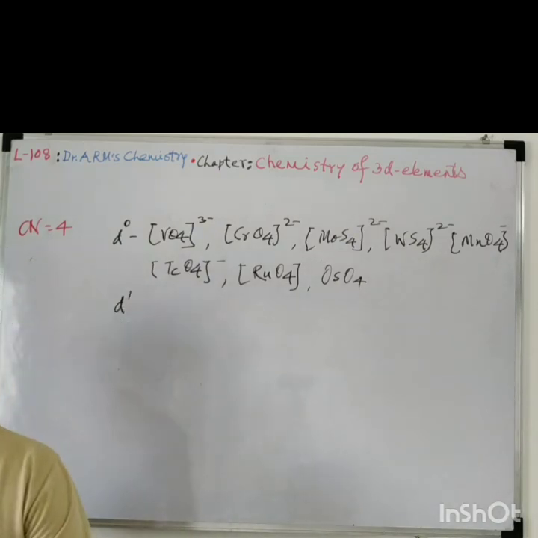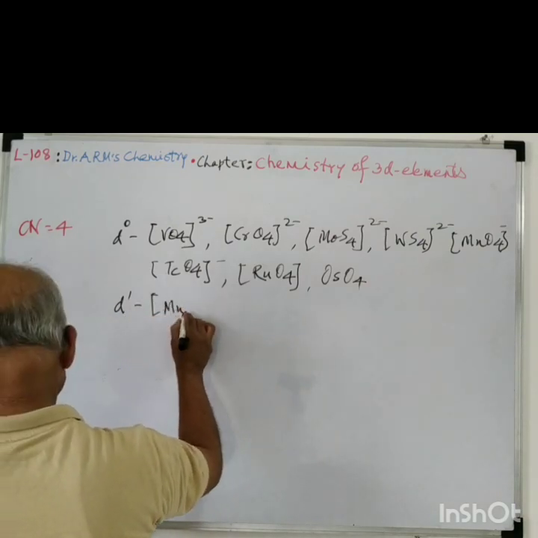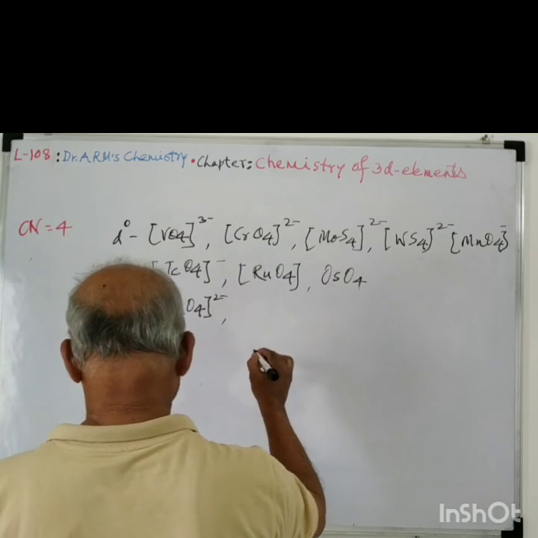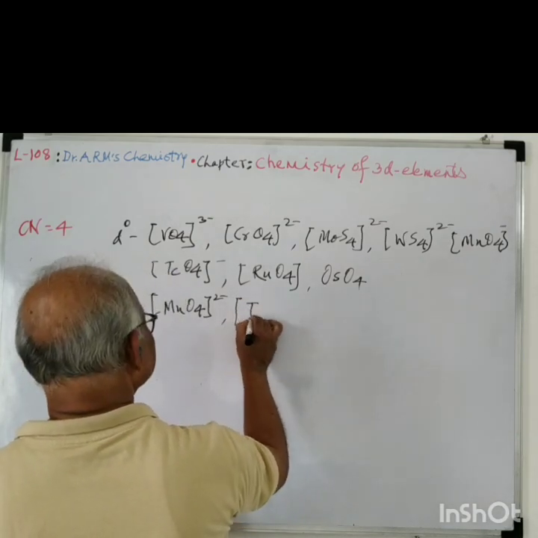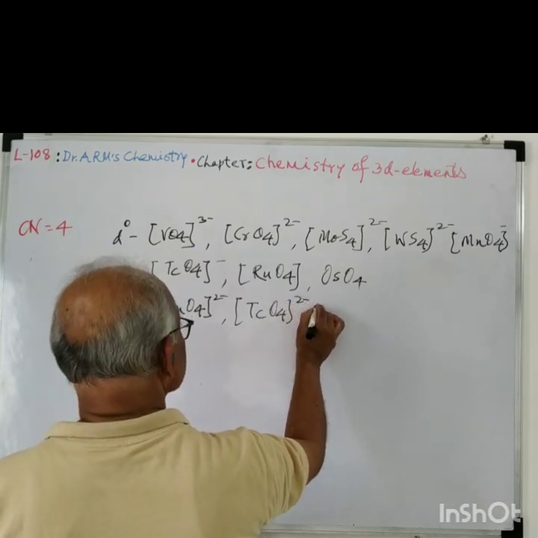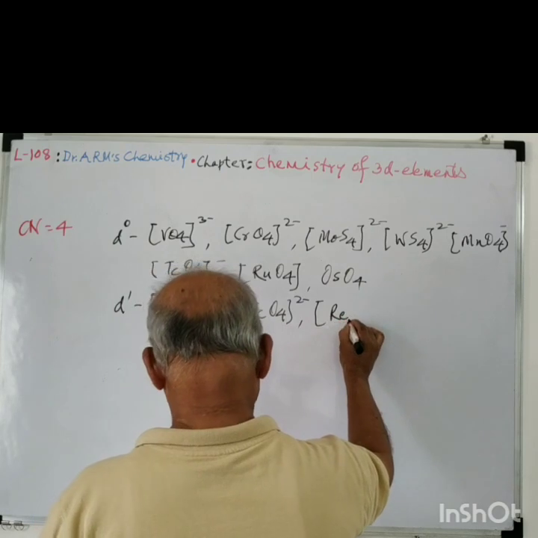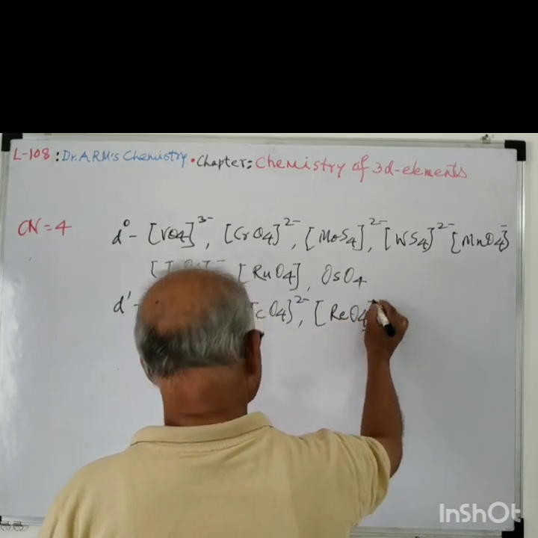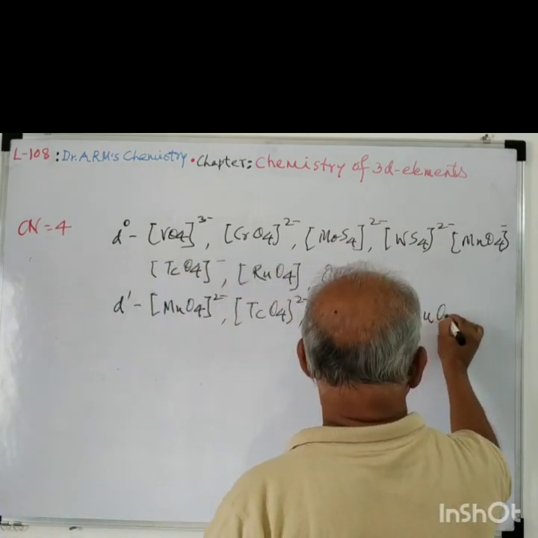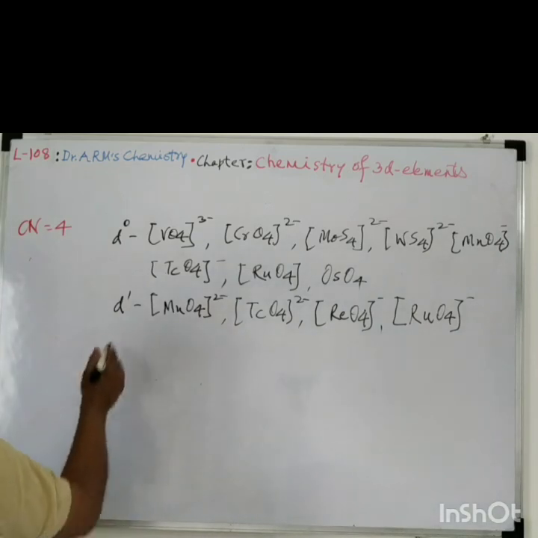Then there is the d1 configuration. We have a number of examples: MnO4 2 minus, technetium TcO4 2 minus, ReO4 minus, and so on. These are the examples with d1 configuration.